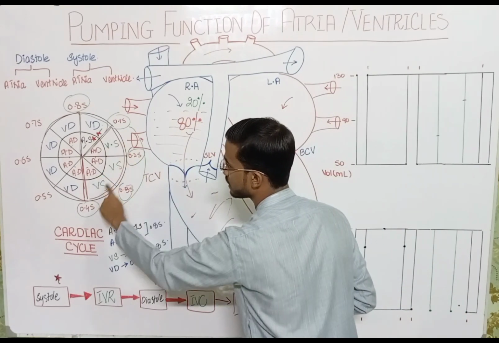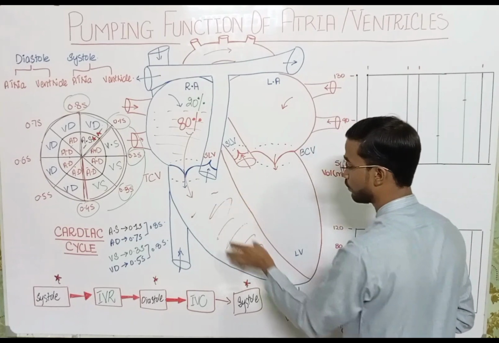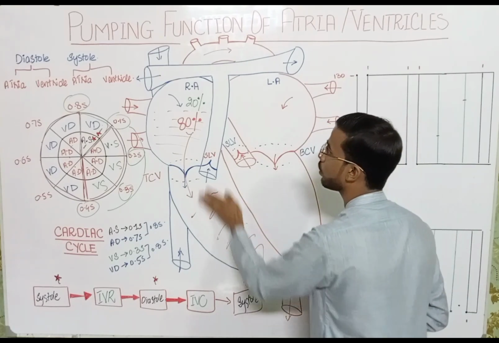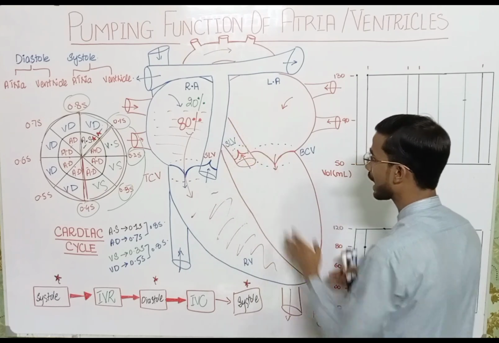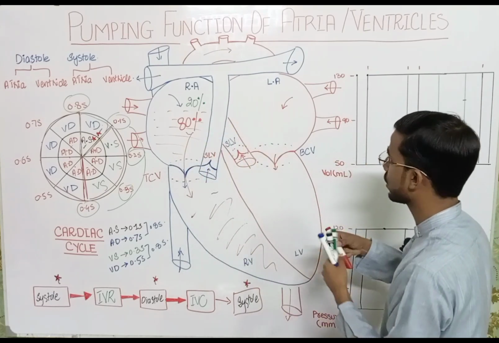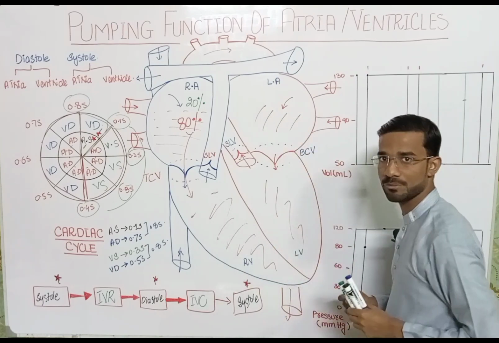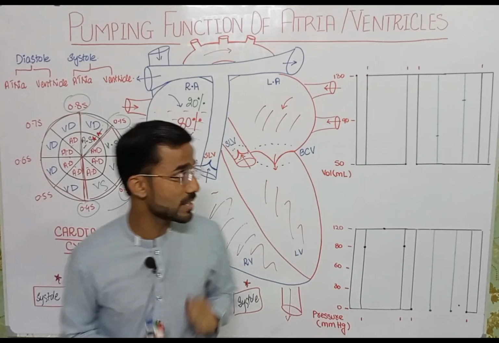Atrial diastole, here is the ventricular systole. When the ventricle contracts, the blood goes into the pulmonary trunk, and the same process happens on the left side.